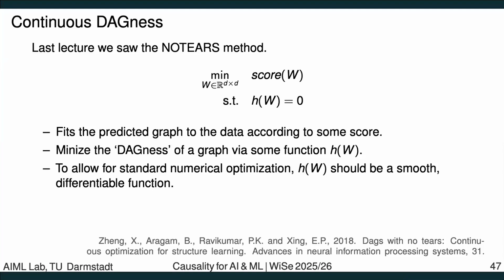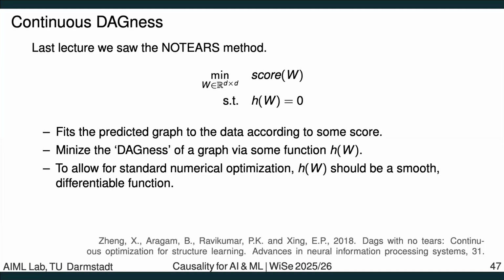As I said, this NOTEARS algorithm basically minimizes some score according to the data. And because we are in a causal setting, although they are very careful with calling it causal, we apply a DAG constraint to avoid cycles and so on. And this constraint, at least I find it quite interesting.